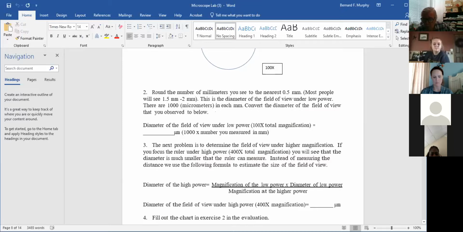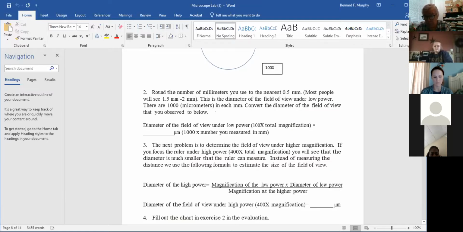It shows you that in a mixed equation. Magnification of the low power objective times the diameter of the low power field of view is a constant. As a matter of fact, it's always a constant. If you take the magnification of the 10x objective and you multiply it by its diameter field of view, it's the same for every single objective.